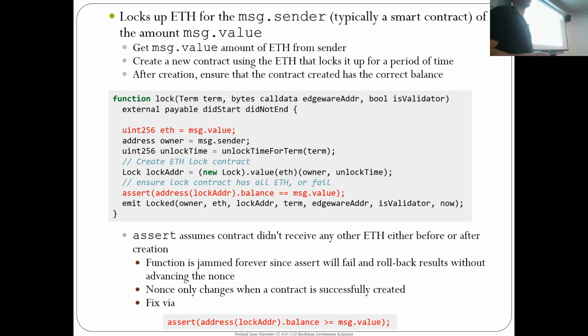I was just wondering if there was a different check for contract creation that you could do that would be less prone to lockup. Good question. I don't know, actually. That actually checks all of it, including whether or not there was enough money or it's the exact money that got sent.